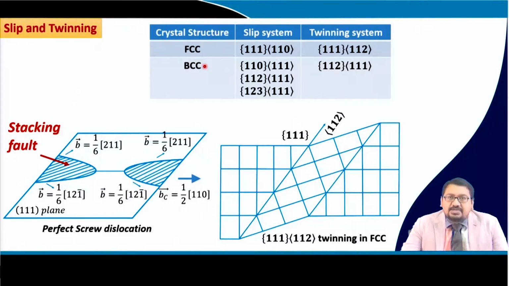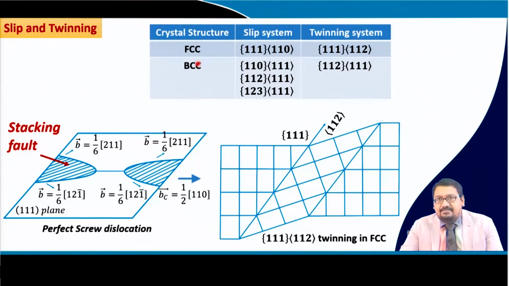To start with the very basics, face centered cubic materials like aluminum and copper have slip systems of 111-110 type, because 111 is the closest packed slip plane and 110 is the closest packed direction in them.